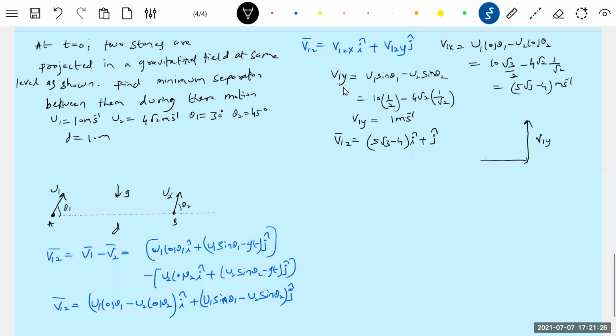This is V12y. This is V12x. Then the relative velocity V12 bar is, this is some phi I'll write, because theta 1 we already used, or alpha, we'll write some different symbol.